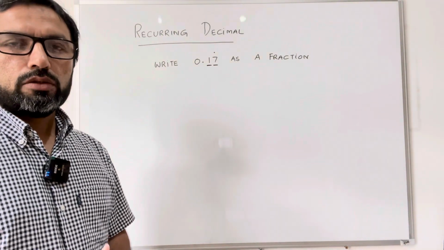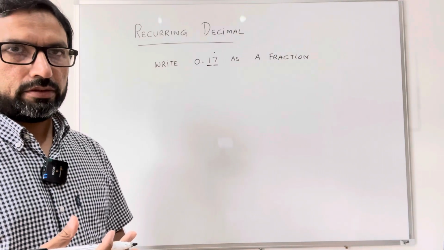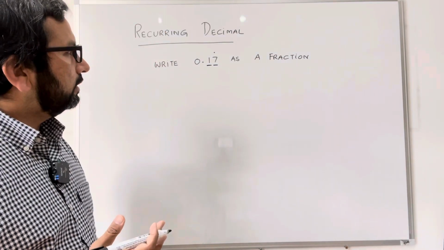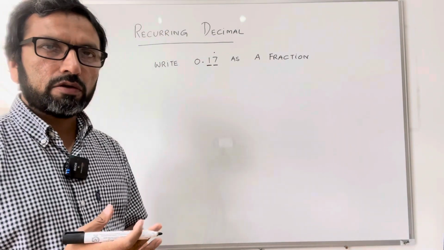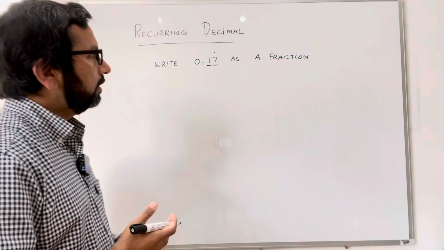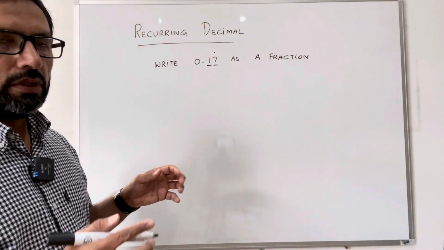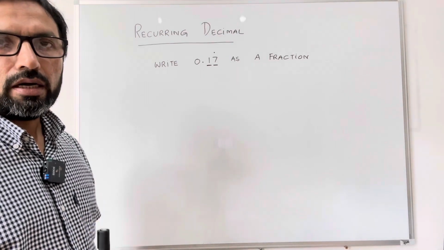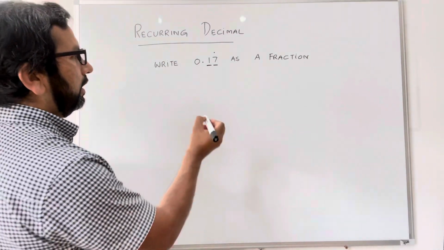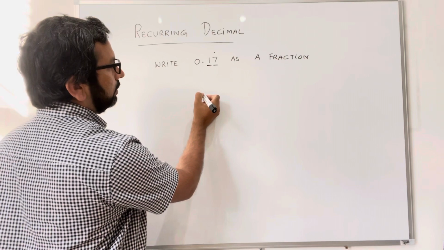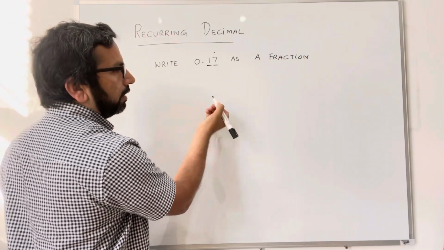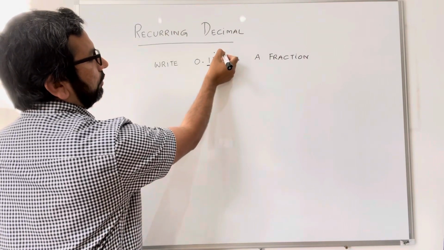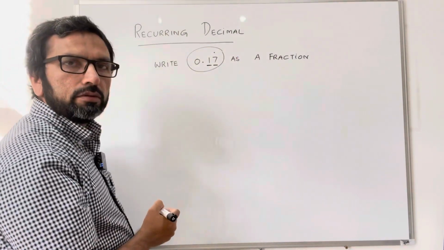That is very important to understand, so that we can deal with the two different parts of this recurring decimal. In the first step you need to make it equal to some letter, you can give it a name, like R or X, any letter you can make this recurring decimal equal to.